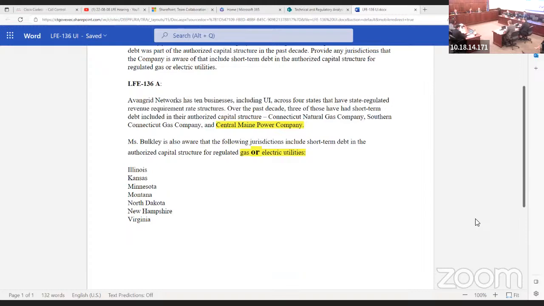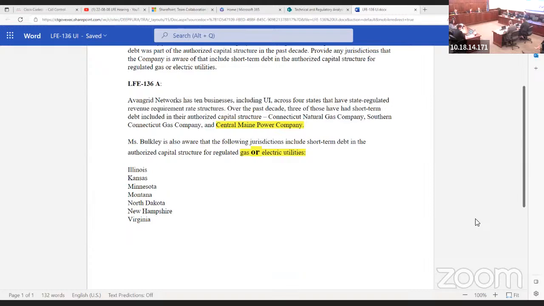But I just wanted to be clear, Ms. Bulkey, you identified some other states here regarding short-term debt being used in the authorized capital structure, and you identified gas or electric. Do you know of these states, which are the ones doing the electric offhand? I need to go back and take a look at that.